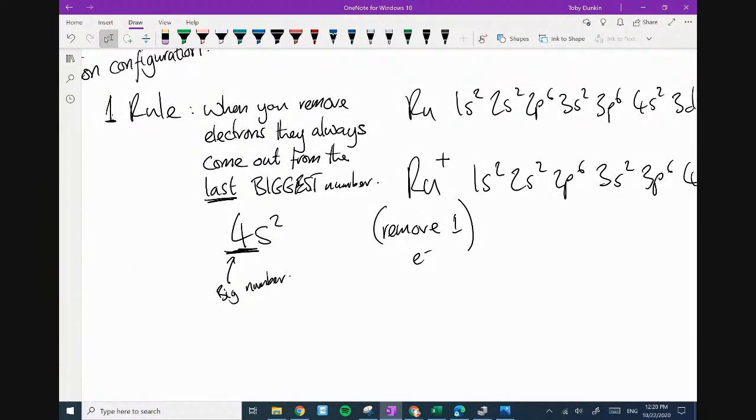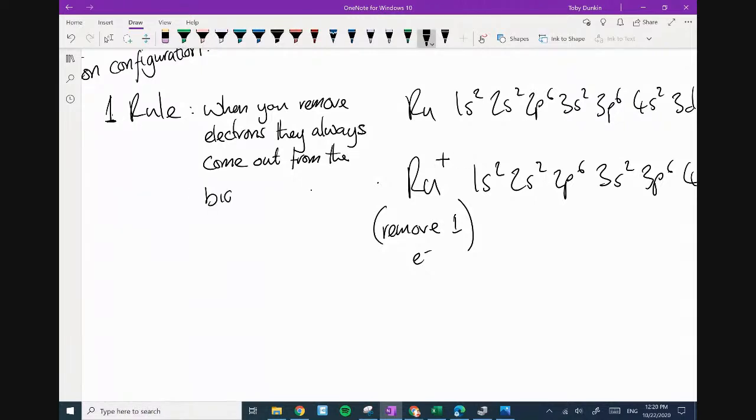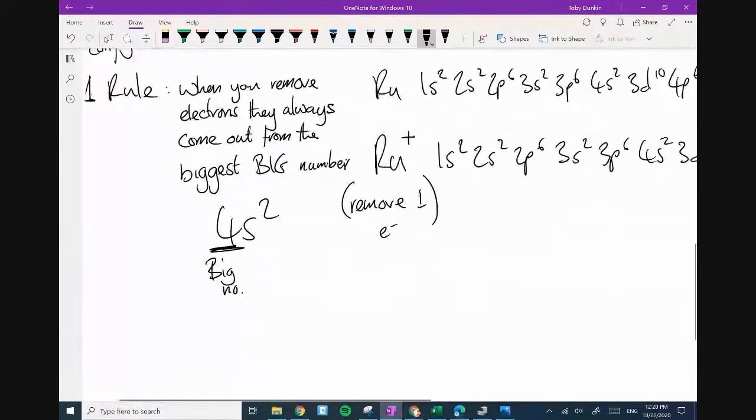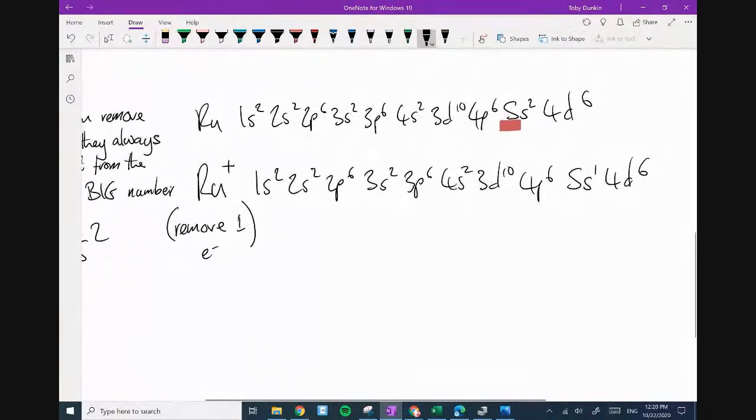It comes from the biggest big number. Oh, I prefer that. I think that's amazing. So 4s2, big number. That's a big number, and you need the biggest, hence the 5s.